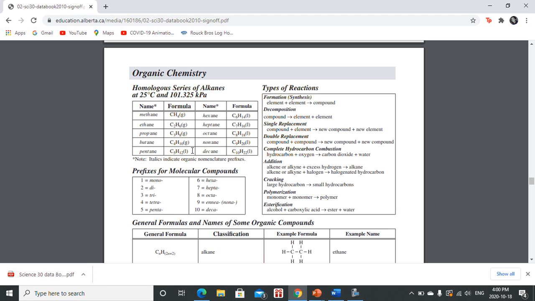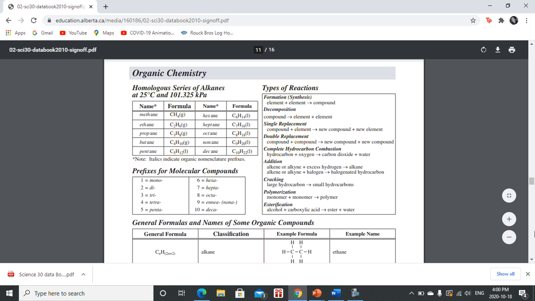So for all of these here, they are strictly the alkanes, so no double or triple bonds. And there are no branches here. They are all linear, and we're just increasing the number of carbons and filling it up with the hydrogen atoms. Going all the way from the single carbon, methane, to the decane with the 10 carbon atoms.